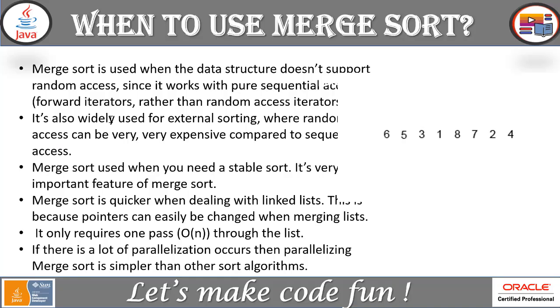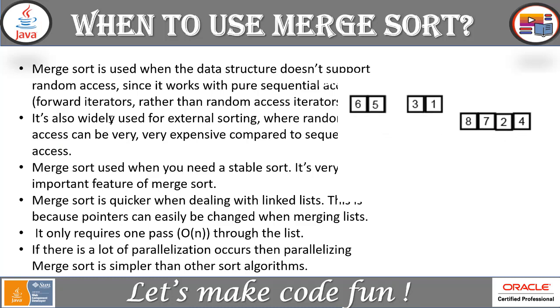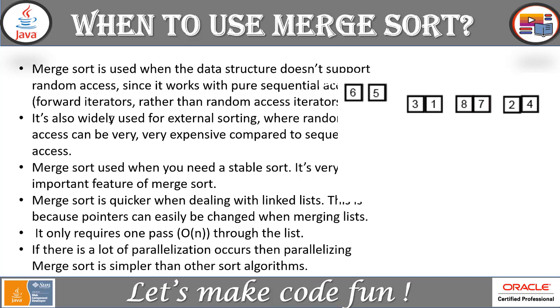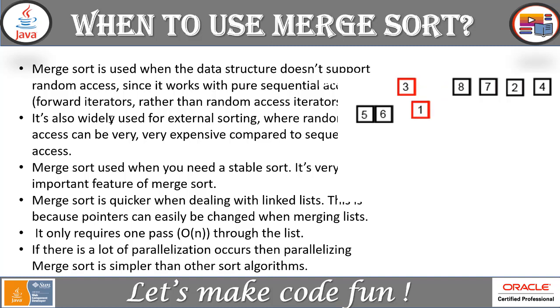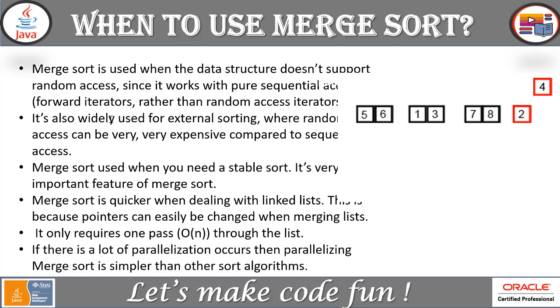When to use merge sort? An important fact to understand. Merge sort is used when the data structure doesn't support random access, since it works with pure sequential access forward iterators rather than random access iterators. It's also widely used for external sorting, where random access can be very expensive compared to sequential access.